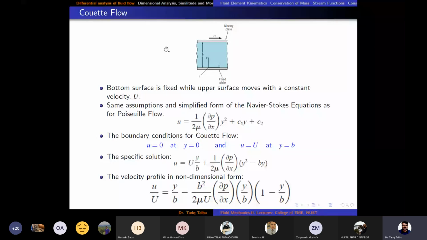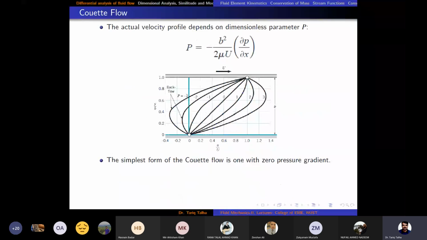There is no pressure drop between these two plates. The flow is only happening due to the movement of that plate. So that is the simplest case. This parameter, as I told you, defines what the profile would be.